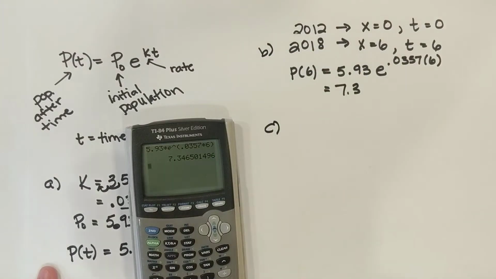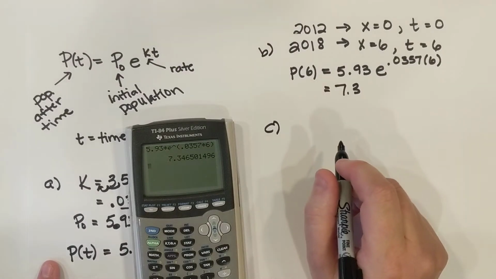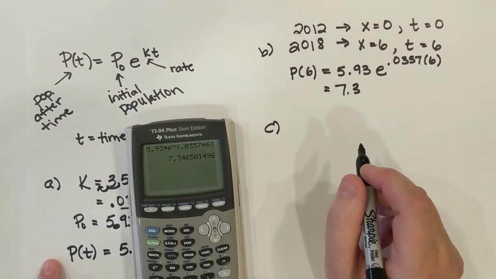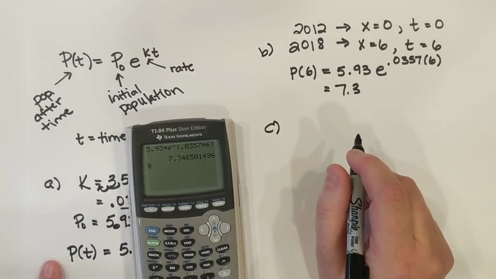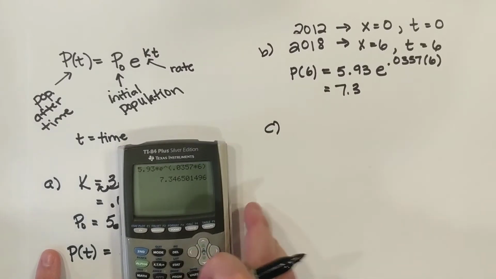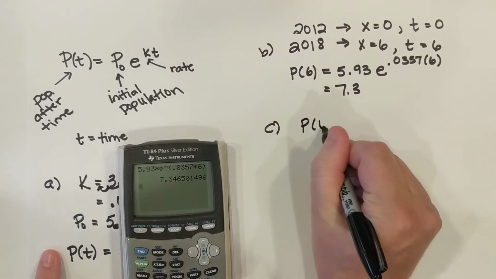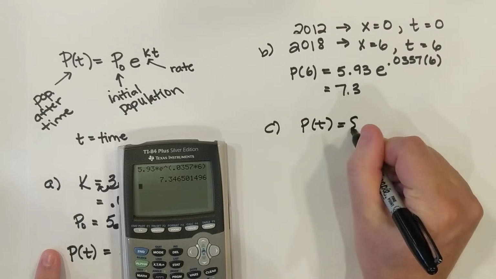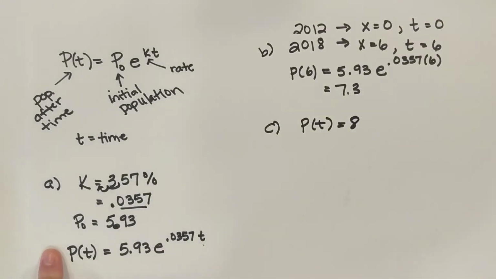Now part C, talking about the population of the city will be 8 million in about how many years after 2012? All right, so it's telling me that the population would be 8 million after how long?